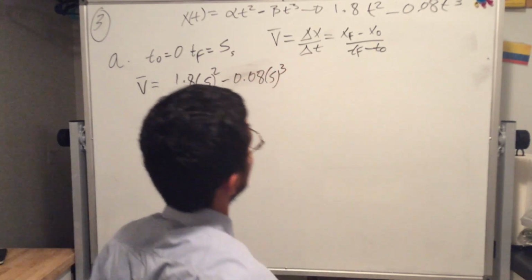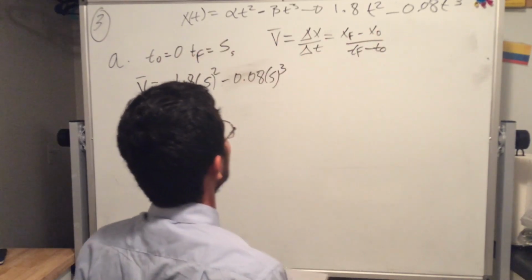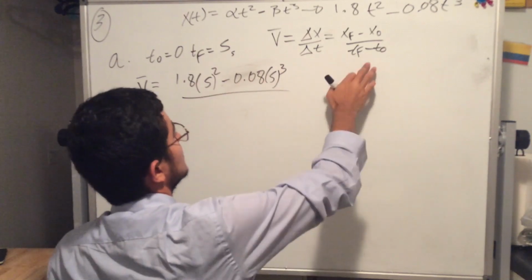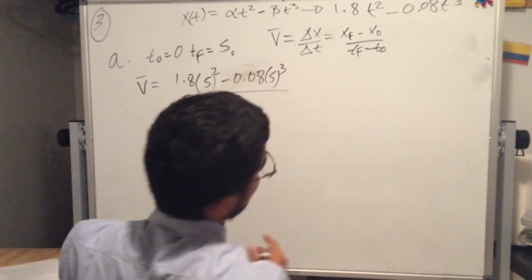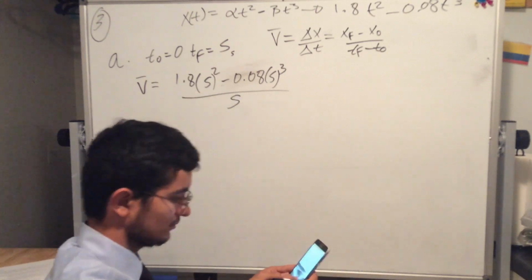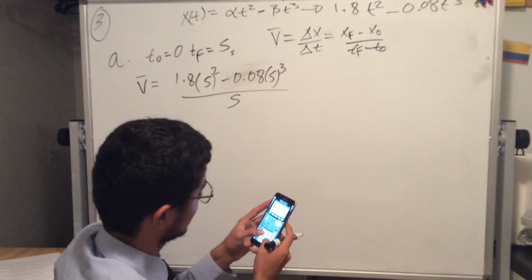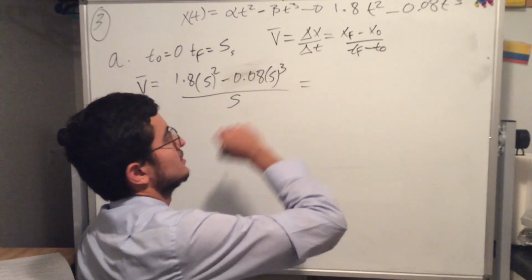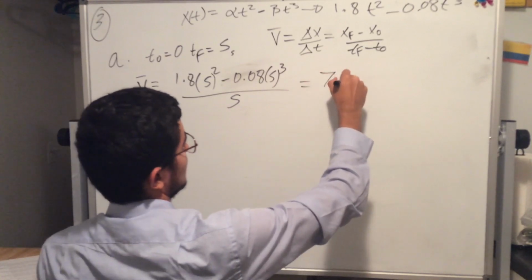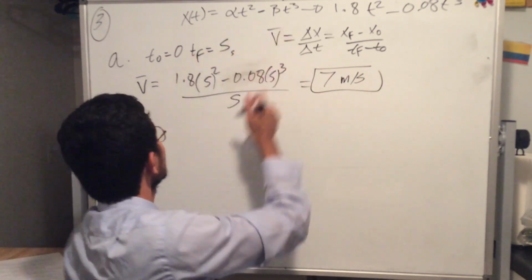And then we're going to subtract the position function at t equals 0. That's just 0, right? All of that divided by the change in time, which is 5. So let's plug that into the calculator to see what we get. So we got 7 meters per second. That's going to be the average velocity in the time interval from 0 to 5 seconds.